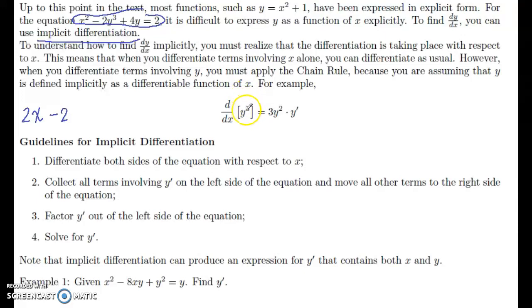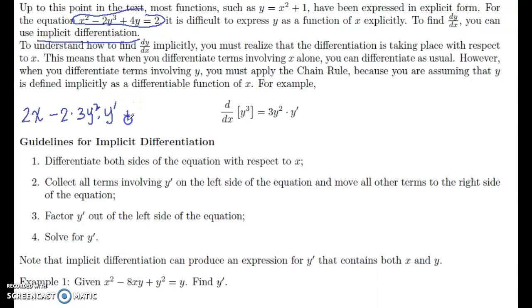When we take the derivative of y cubed, you would apply the power rule. So 3 comes down, y to the square. But then because y is a function of x, we gain a factor of y prime due to the chain rule. So right here, we will get just 3y squared times y prime.